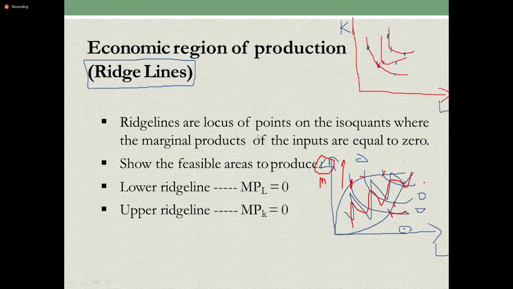This is the lower ridge line. Just identify that in the lower ridge line the marginal production of labor is equal to 0. The upper ridge line means where the marginal product of capital is equal to 0.